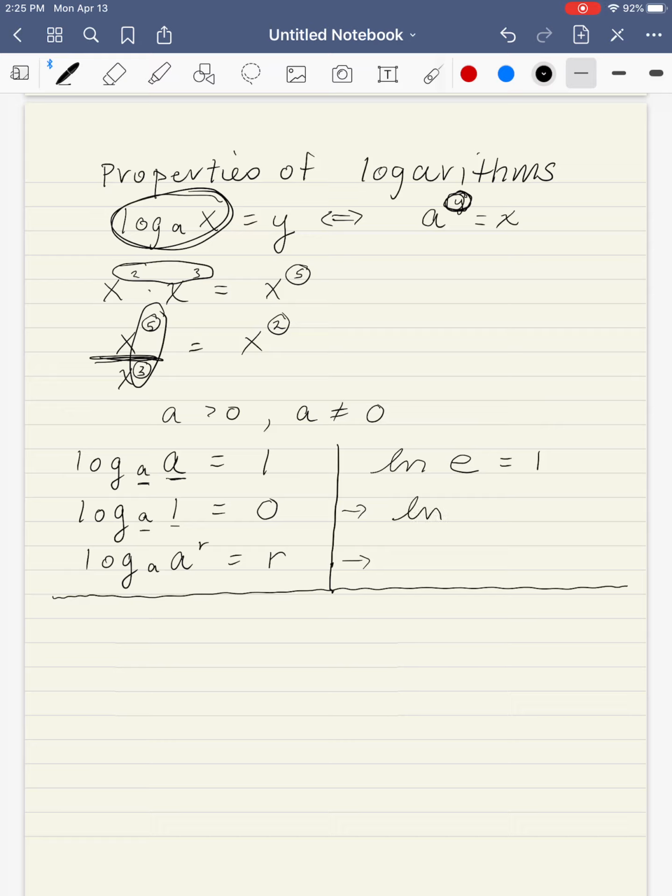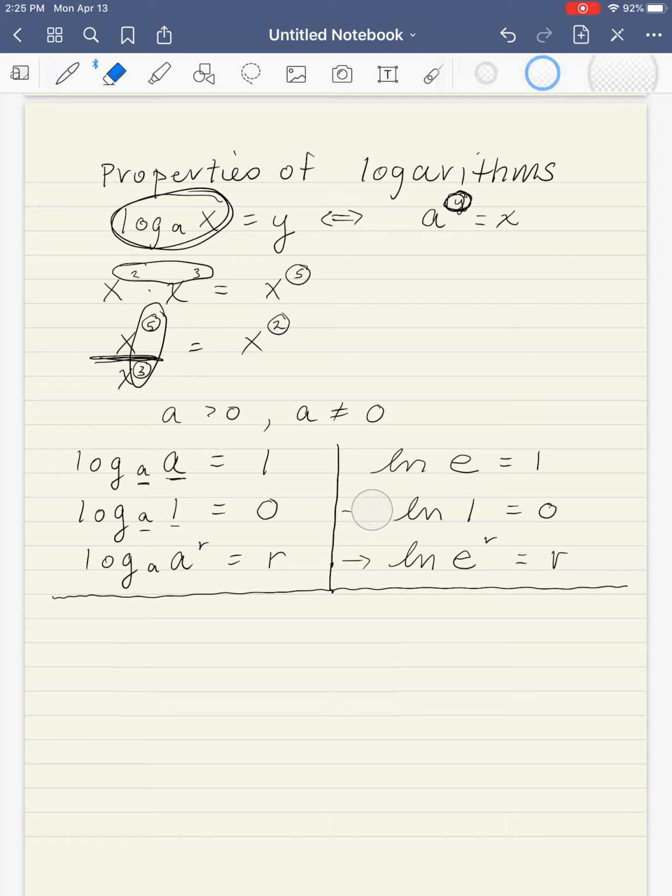And we're going to see that this one is the natural logarithm, that's the logarithm base e of 1 equals 0. And the natural logarithm of e to the r power is equal to r.